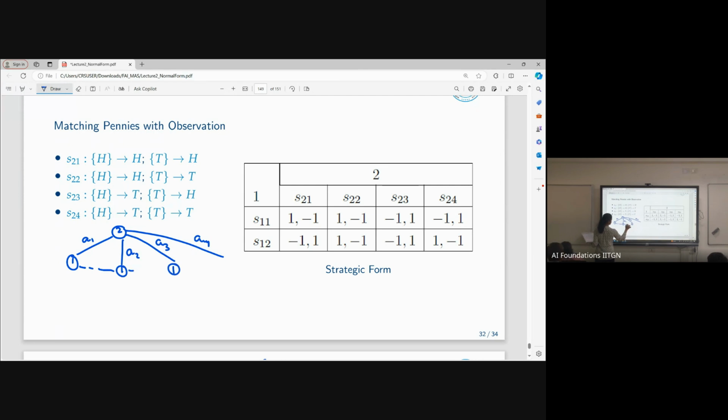So it's an imperfect game. And now 1 has two different actions: H, D, H, D. This is -1. Sorry.